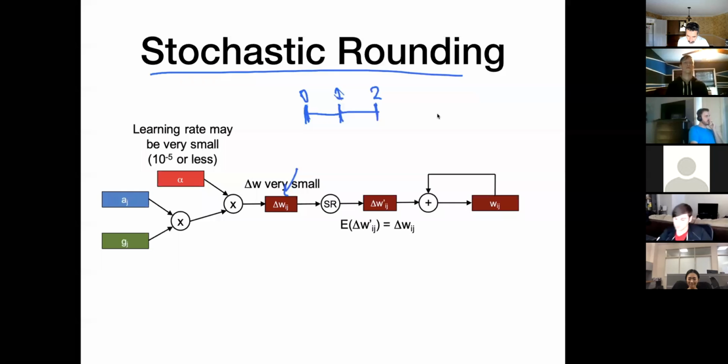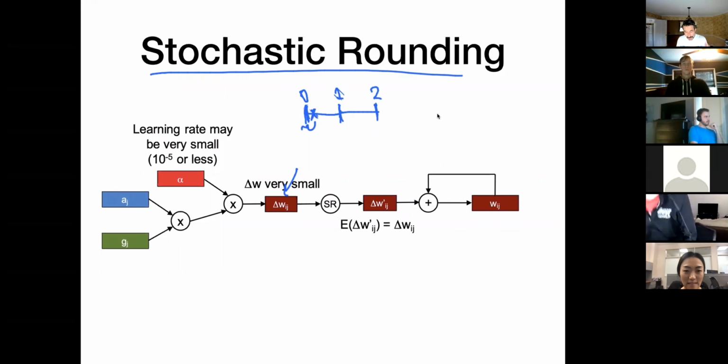This W would be very small. So in normal rounding, what you do is round it to 0, right? And no learning. What stochastic rounding does is that, instead of normal rounding where you always round it to 0 because this is closer to 0, with some probability, let's consider P1, you round it to 0. With some probability, you round it to 1.